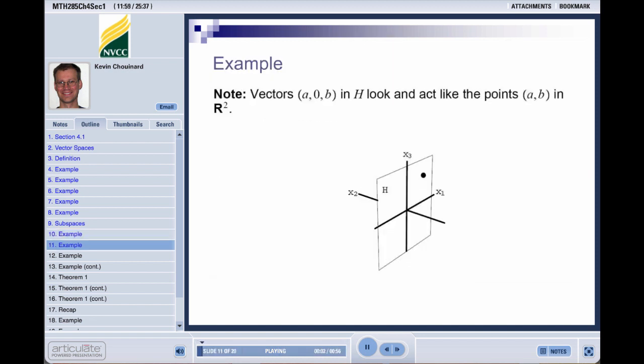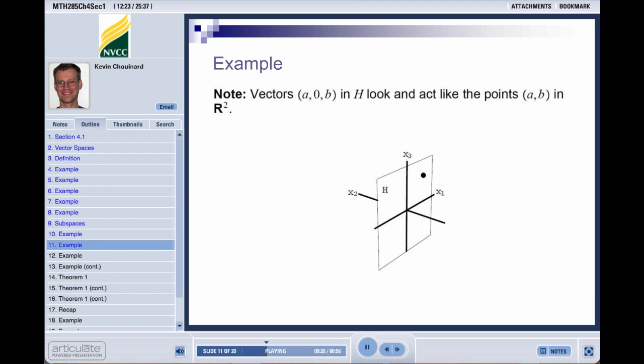Here is a picture of that subspace. If you were to think about R3, R3 is a three-dimensional space. And so you can picture the entirety of three-dimensional space here. That's the original vector space. What's the subspace? Well, the subspace is the subspace of points that have a 0 second coordinate.